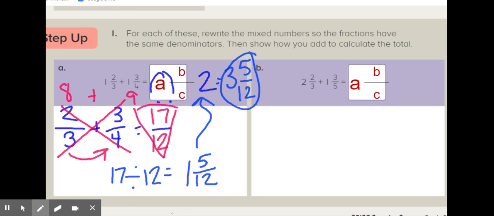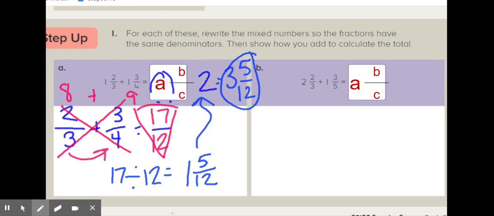Okay, so let's look at the next one. I know in 2 2/3 plus 1 3/5, I can't use the first method of changing one denominator into the other, because 5 isn't a multiple of 3 and 3 isn't a multiple of 5. So I can either do this by listing multiples of 3s and 5s, or I could do a quick multiply.